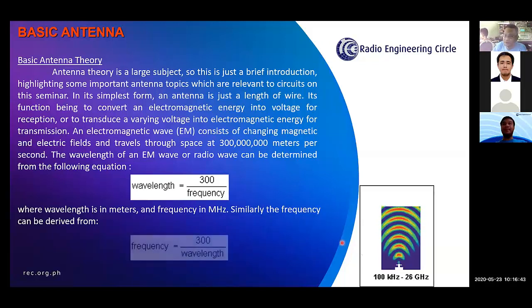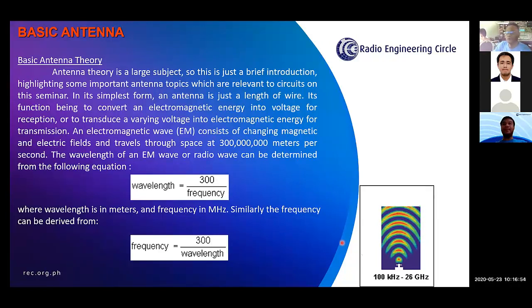Okay? So, where the wavelength is in meters, okay, frequency in megahertz, similarity on the frequency can be derived from ganon. Kung frequency naman ang hahanapin, that's formula. Okay? So, mamaya i-elaborate ko maigi yan.